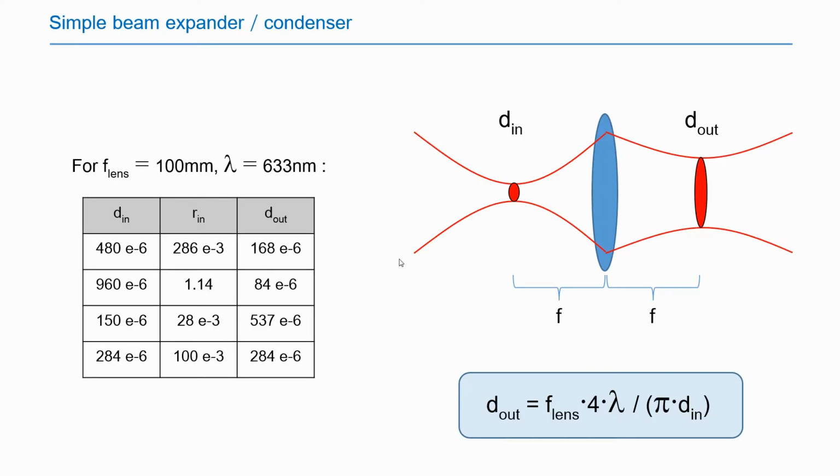So another way to think about the lens is that it can expand or condense the size of the beam. Now, you often think of a beam expander as something you can build by putting a pinhole one focal length in front of a lens. If you do that, then all of the rays that leave the pinhole come to the surface of the lens and are straightened out and go out straight.